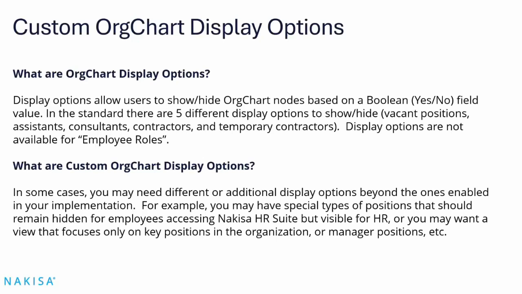Employees should not see these types of positions. And HR should have the option to create charts with these positions enabled and also with these positions hidden. So that was a business requirement. And they already have that flag maintained in the ERP. So they came to us and said, okay, can you have an option to hide or show and toggle between these two options for these types of hidden positions.